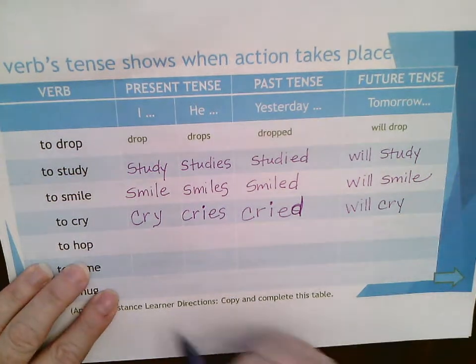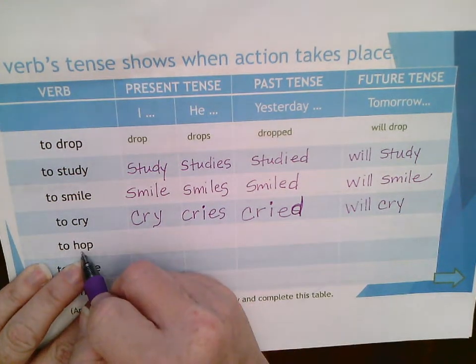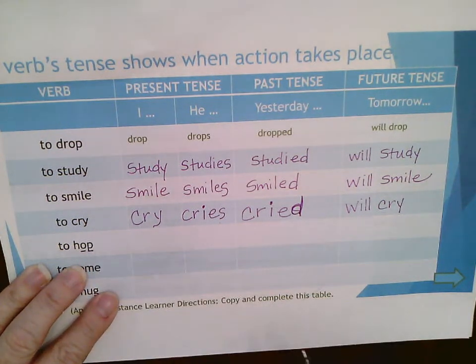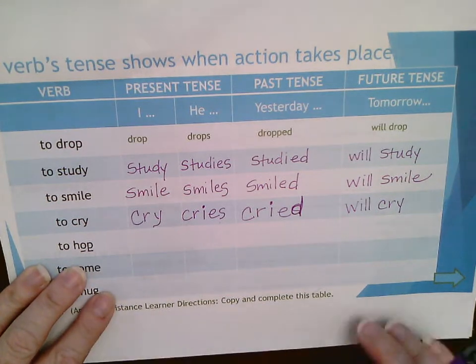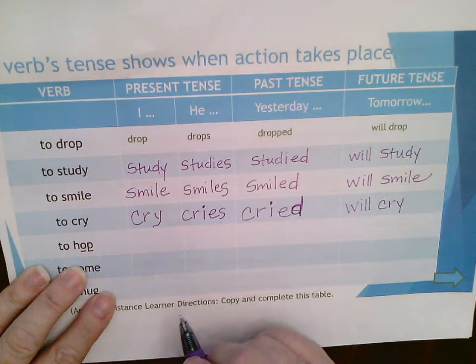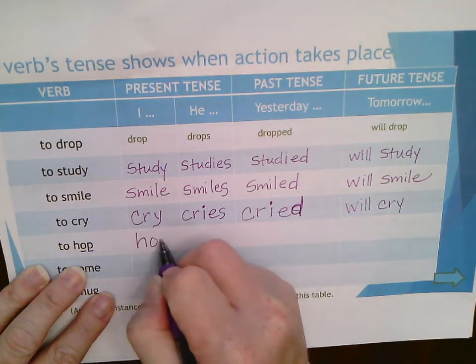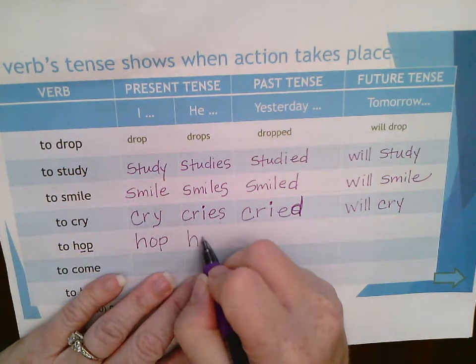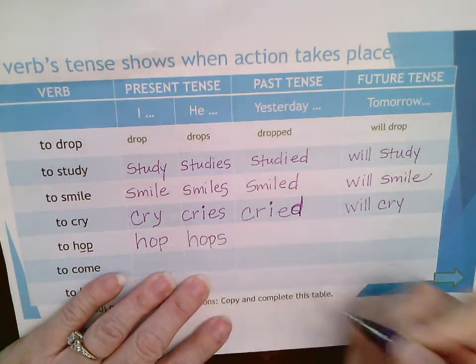Hop. To hop. Now hop on its own has a vowel and a consonant at its end. So we're probably going to be doubling that P before we add any endings to it. Present tense, like today I hop. Today he hops. Just add an S to it.